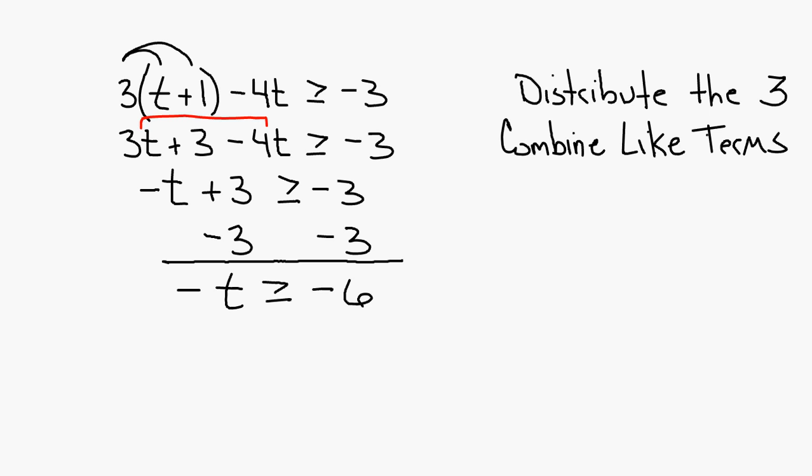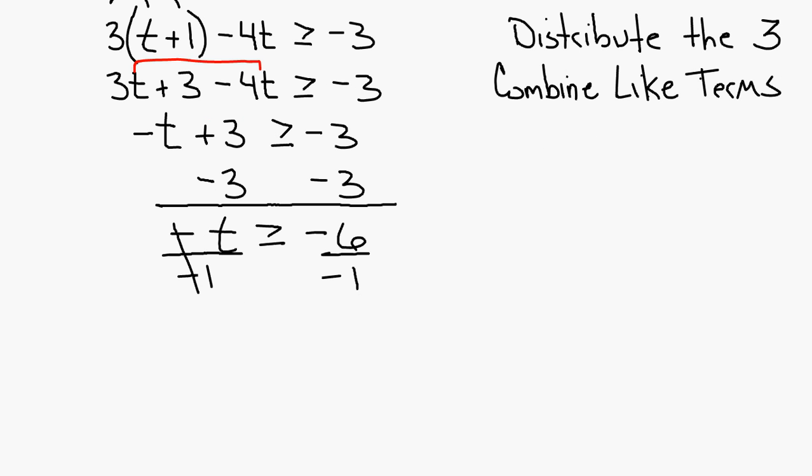And now you've got this negative sign in front of the variable. Just a negative 1 in front of the variable, but the 1 isn't written. So you're going to divide both sides by negative 1. When you divide both sides by the negative 1, these negatives cancel. So now t, you divided both sides by a negative.